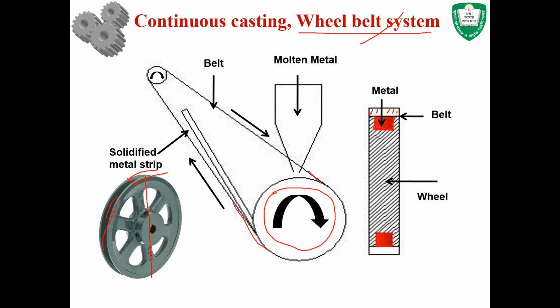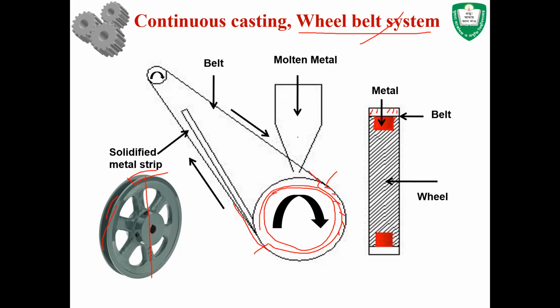Because of that belt, a cavity is produced, an empty space from this region to that region, which is trapped by the belt. When you pour the molten material in the open region, that means this section is open, there is also a cavity, but the cavity in this region is closed by the belt.